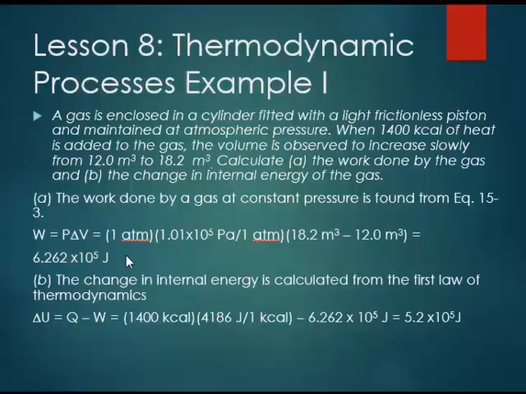Now, this is where we bring in our laws of thermodynamics. The change in the internal energy is calculated from the first law of thermodynamics, or delta U is Q minus W. So we get 1400 kilocalories. Notice we want to convert to joules.